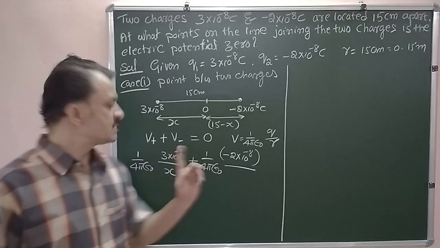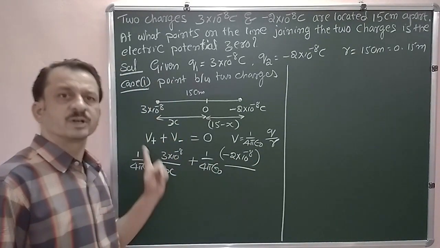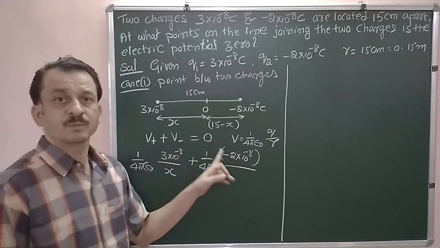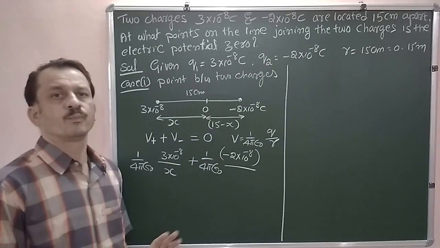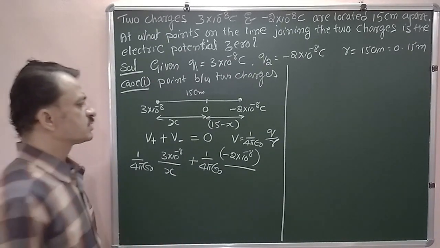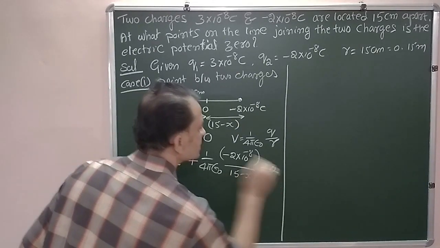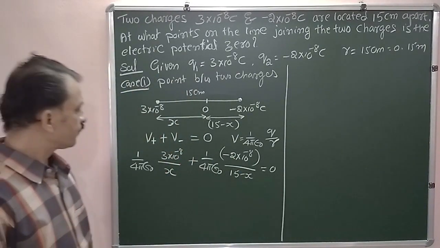Remember, since we are working out the scalar quantity potential, if the charge is negative, then take that minus sign also. We should remember this. What is the distance? It is 15 minus x, is equal to 0.